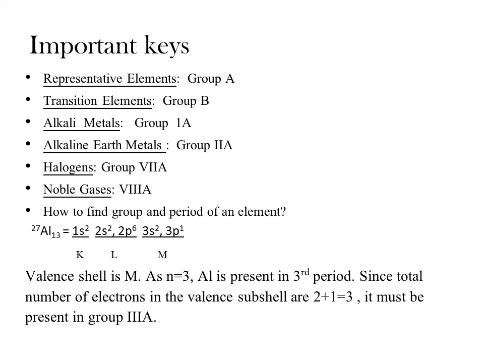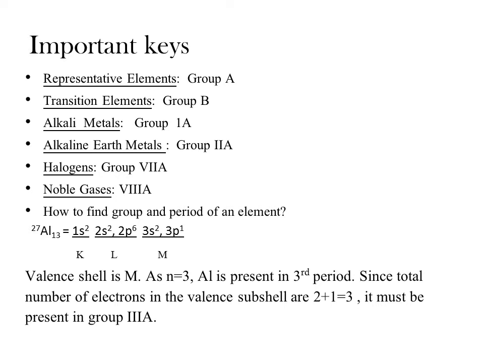In the periodic table, we have two types of groups, group A and group B. Group A elements are called the normal elements or representative elements, and they are also known as the main group elements. There are 8 main groups: Group A1, A2, A3, A4, A5, A6, A7 and Group A8.